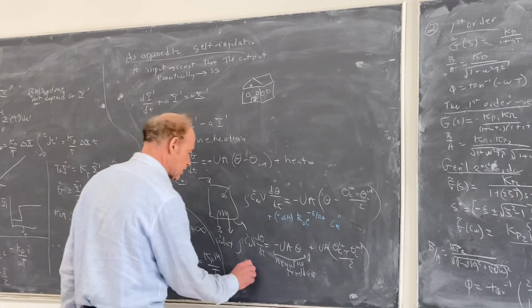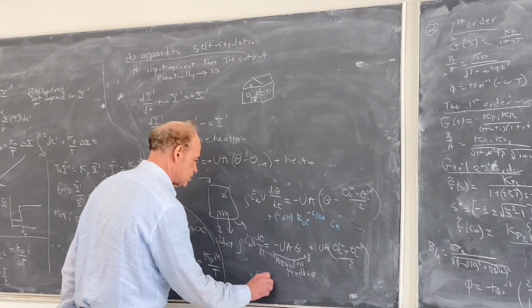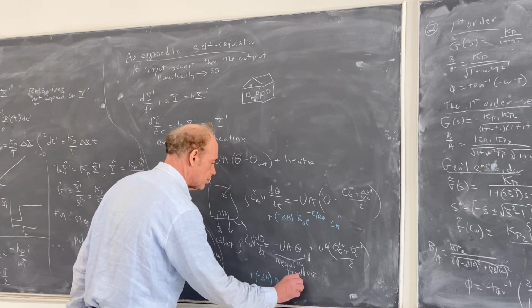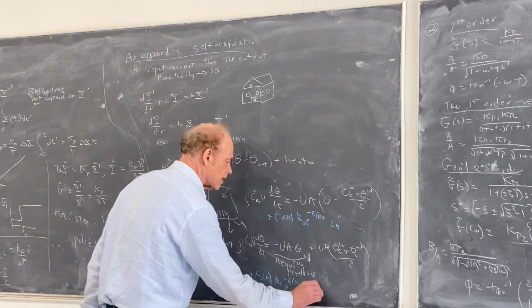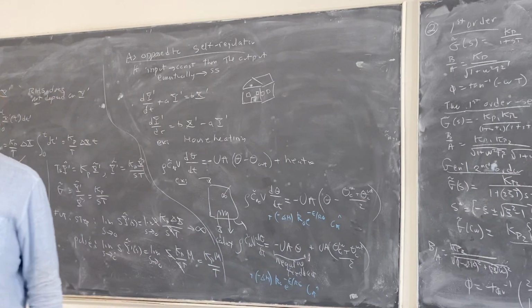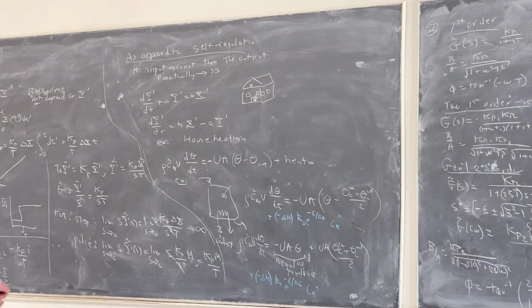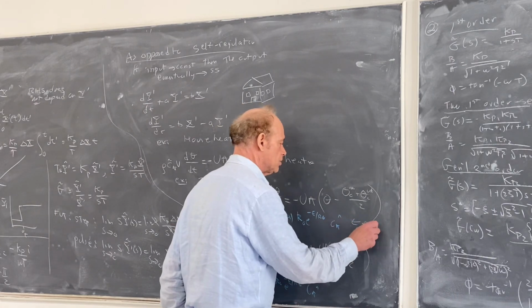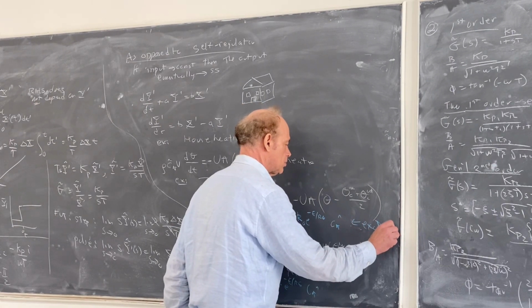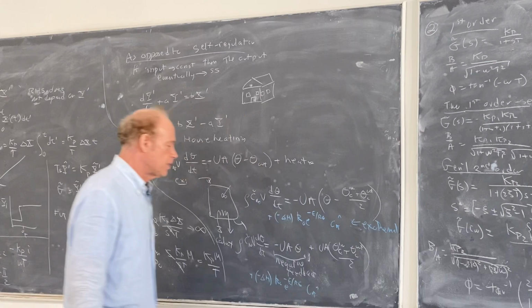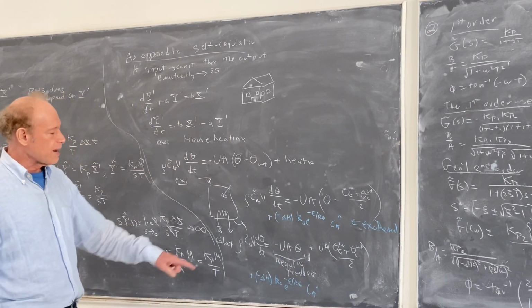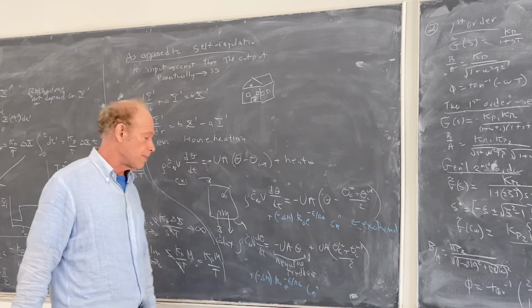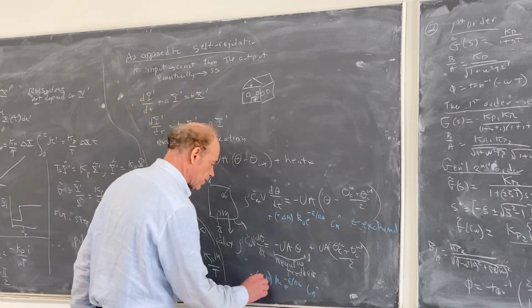So I have this minus delta H, K0 e to the minus E over R theta times Ca to the n power, if it's an nth-order reaction. And if I have an exothermic reaction, then when the temperature goes up a little bit, the exponential goes up, and this becomes a positive feedback.